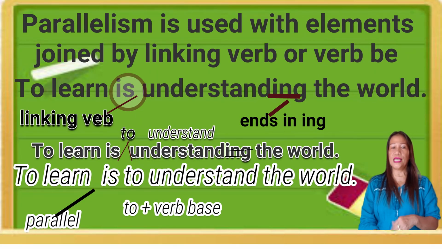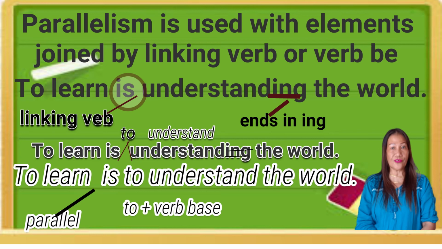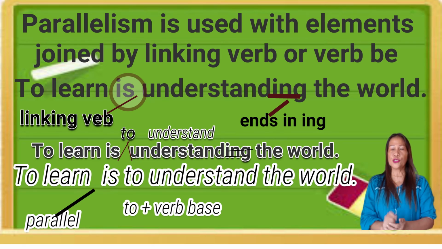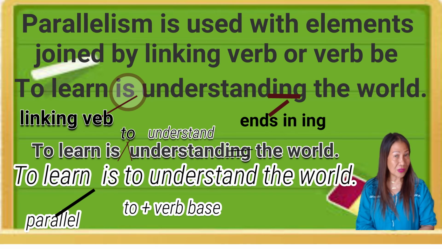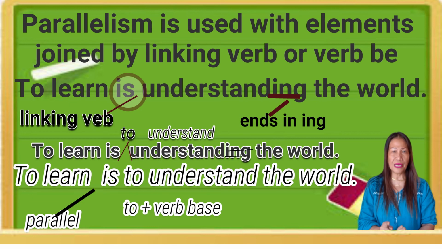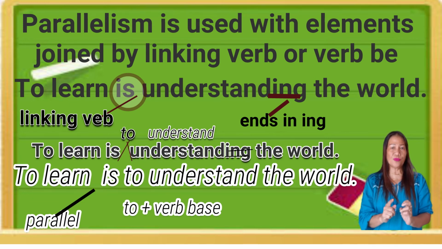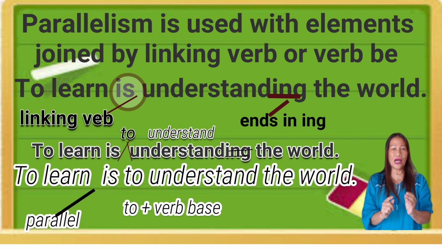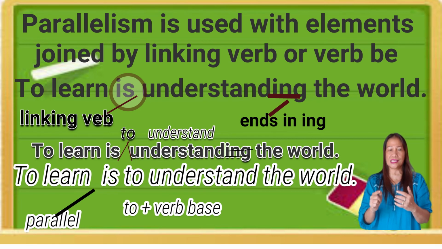Parallelism is used with elements joined by a linking verb or verb to be. Example, to learn is understanding the world. What went wrong? Is this parallel? Of course not. In order for us to make this parallel, we are going to study each of the elements. Okay, let's start with to learn is.